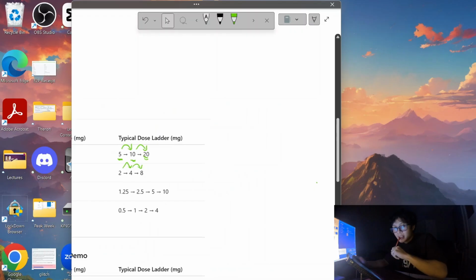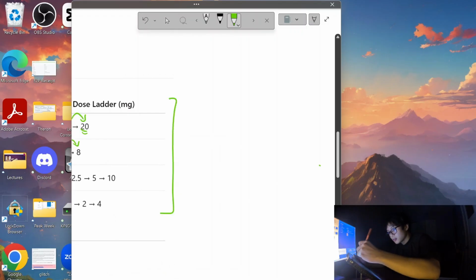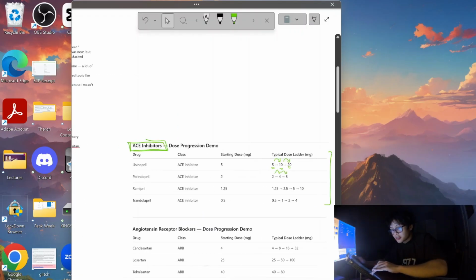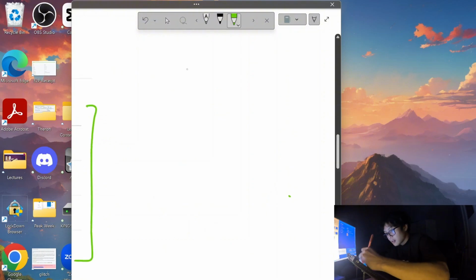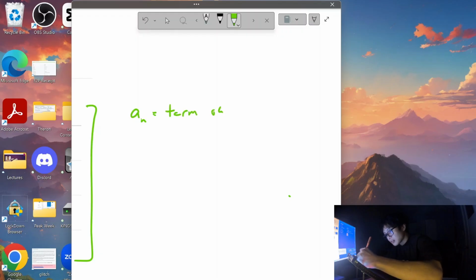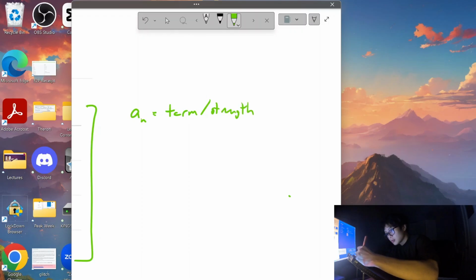So what did I realize here? I realized that essentially all of these drugs follow a geometric sequence where a_n is equivalent to the term, or strength, of a drug. n just refers to the level of strength.